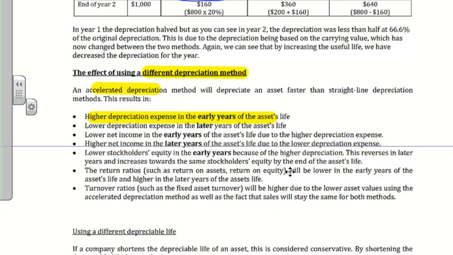That's increased depreciation in the early years, lower depreciation in the later years. But now remember, if there's more depreciation in the earlier years, what does that mean for income? Lower net income in the earlier years, higher in the later years, because remember, the higher your expenses are, the lower your net income is.